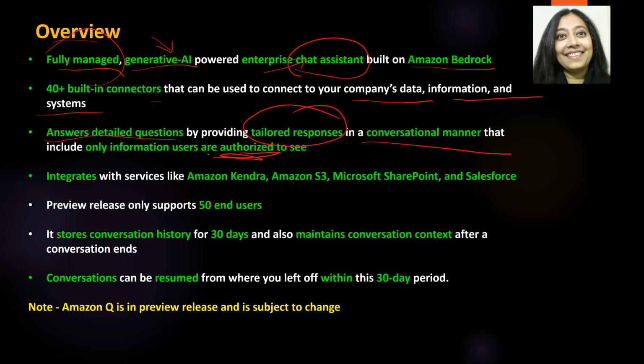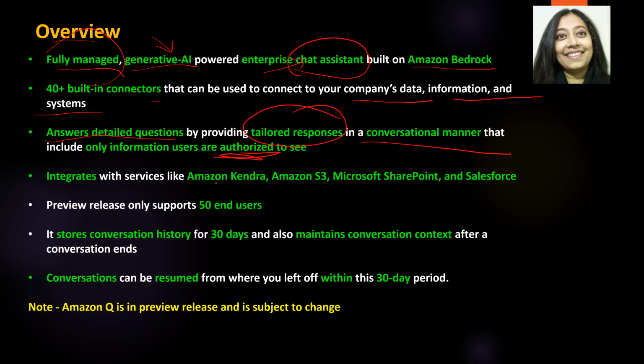So when it tailors the response, it will ensure whether you are authorized for this particular piece of information or not. If you are not authorized for that information, it will not be included as part of the response that is given to you. So any response that you get, you will only see that information in that response that you are authorized to see. So it takes care of the authorization behind the scenes.